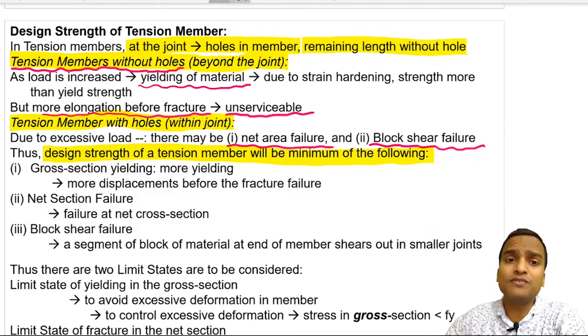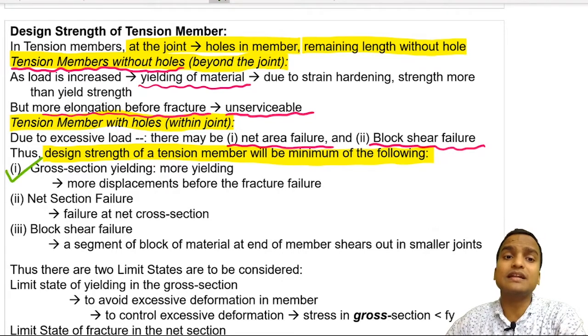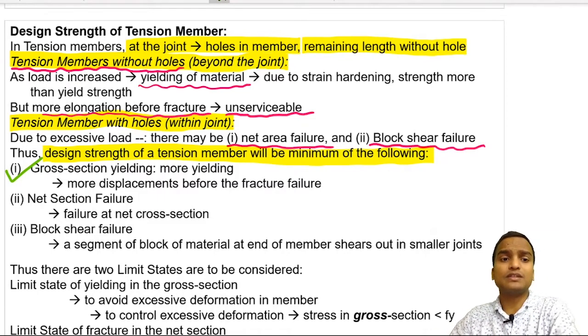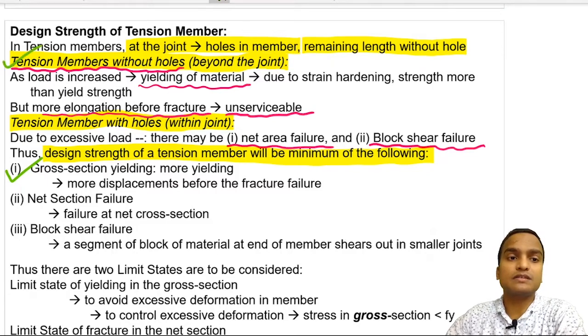The very first type of failure is called gross section yielding, or in simple words, there is yielding at the gross sectional area. In this case, there is more displacement before the fracture failure. This we have just now discussed. The second type of failure is net section failure.